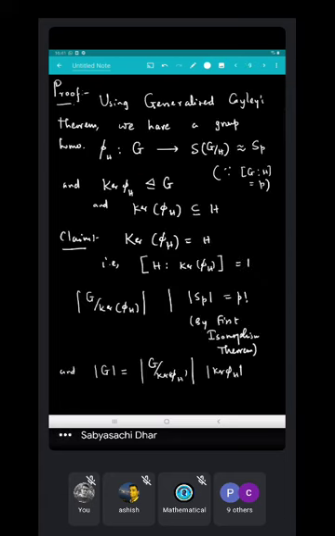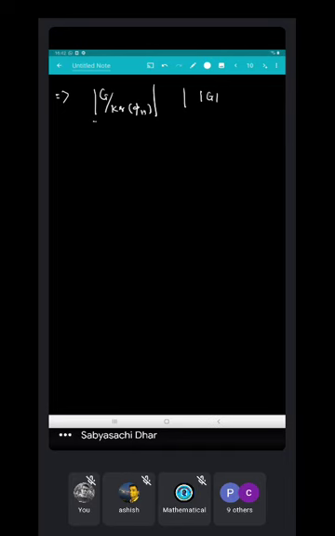So we have that this divides p factorial, and also the same thing divides the order of G. Let me write this again.